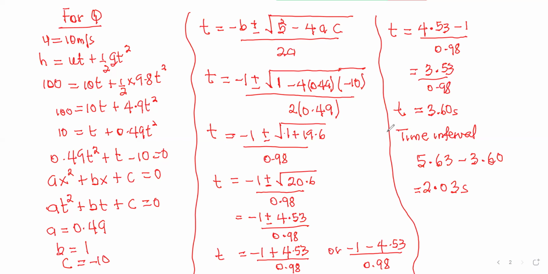At the same instant, another is projected vertically upwards from the ground with a speed of 30 meters per second. After how much time and at what height from the ground will the two stones cross each other?